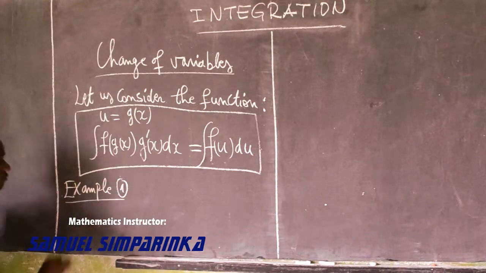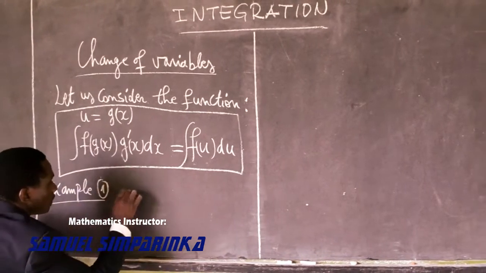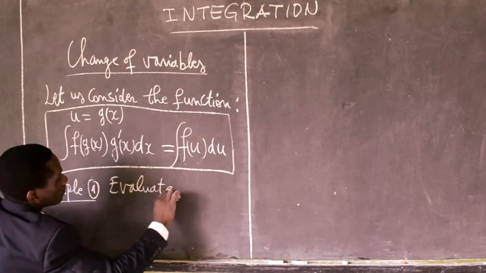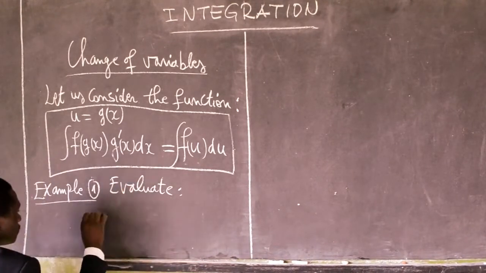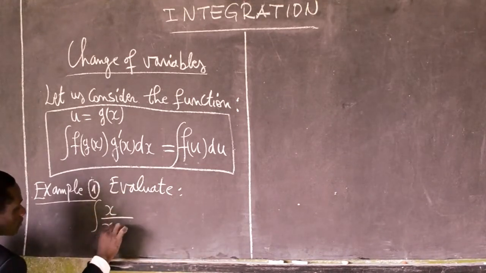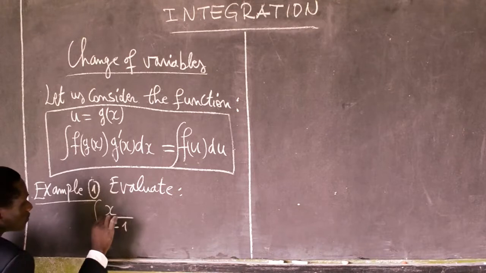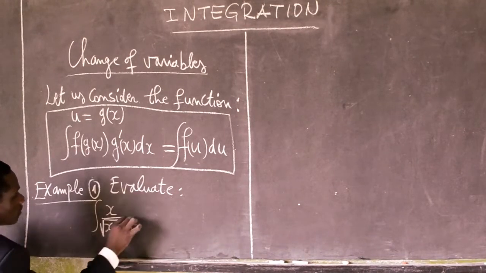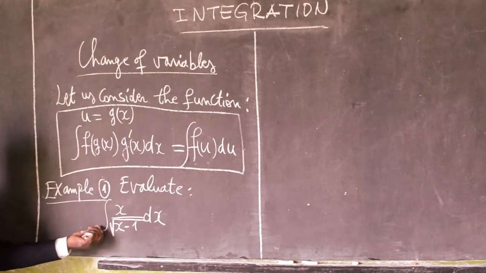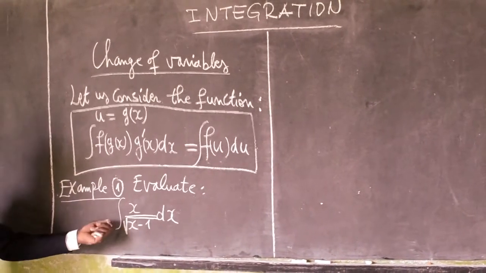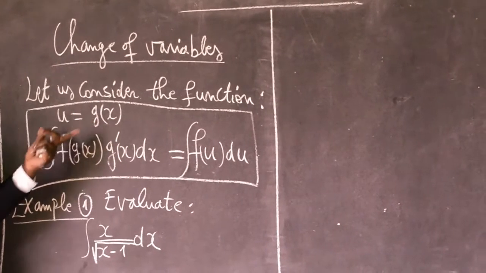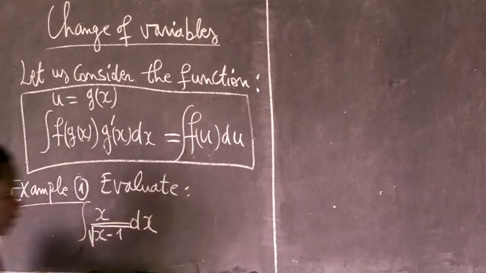Number 1. We need to evaluate the integration of x over square root of x minus 1, dx. So, in order to evaluate this integral, we need to assume a function g(x) as u.